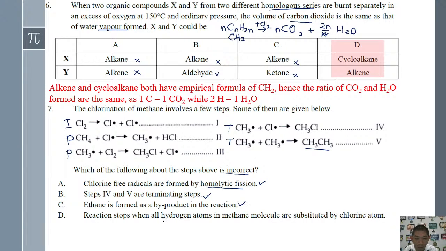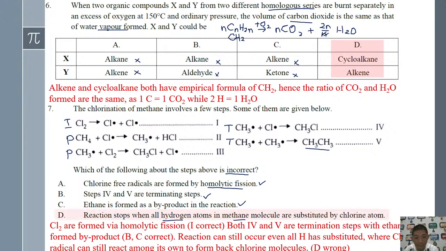The reaction stops when all hydrogen atoms in the methane molecule are substituted by chlorine. Now, the reaction does not stop. It still keeps on going, so it is possible to form other side products. So the best answer here is D. So that is for question number 7.